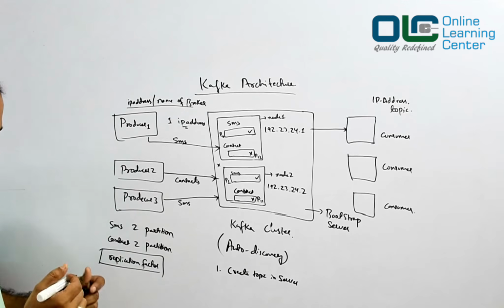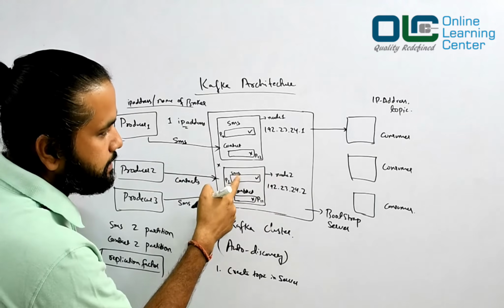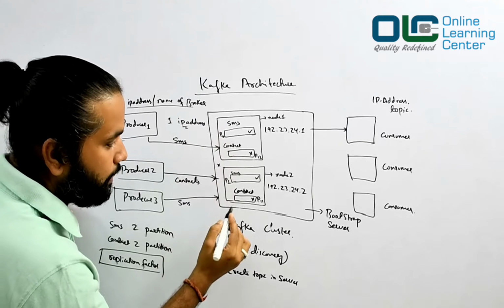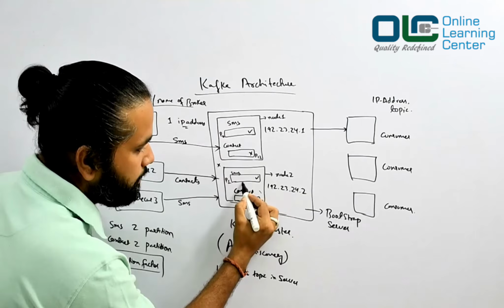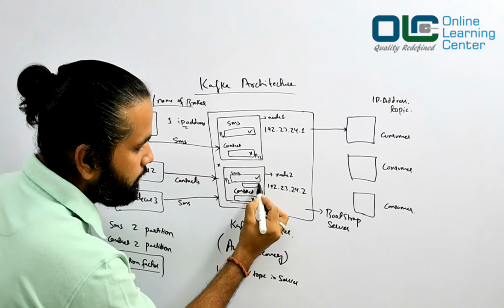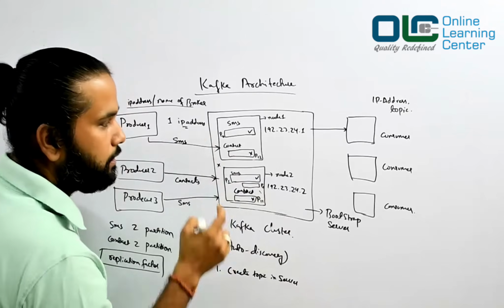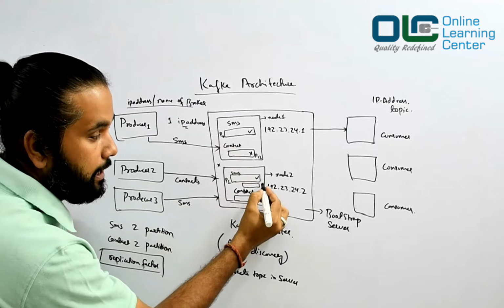Okay, so what will happen is, in this node, if you see, I have SMS P0, but I don't have the replica of it. So the replica would also be created here. Okay, so I'll create a small box here, and this is the replica of P0, this P0 replica. Now if you see, I have one partition here and I have another replica partition here.